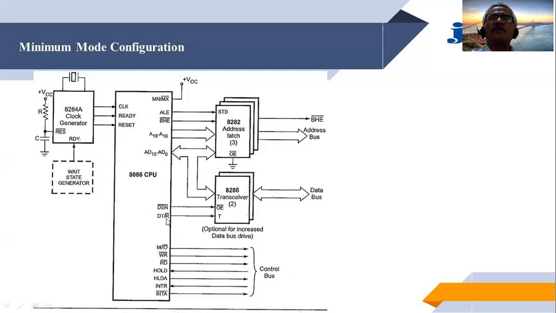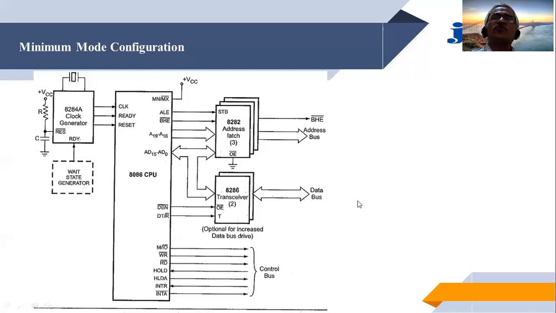R bar is low activated. When this line is low, the data will be received from the external source to the microprocessor. When DT/R bar is high, the data will be transmitted from the 8086 to the external one.